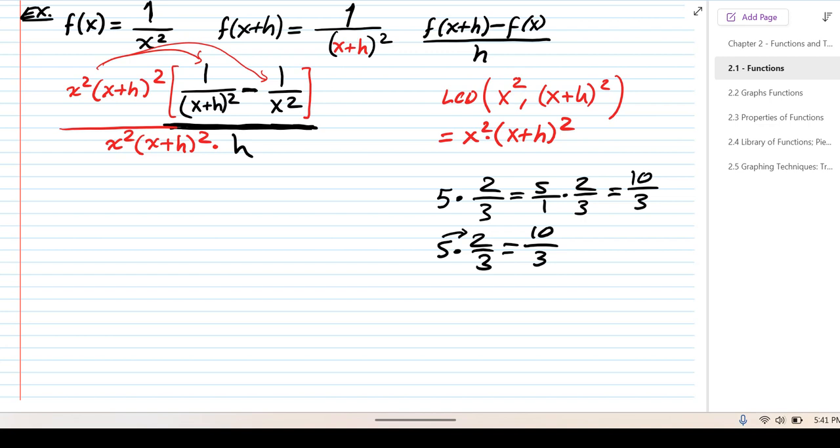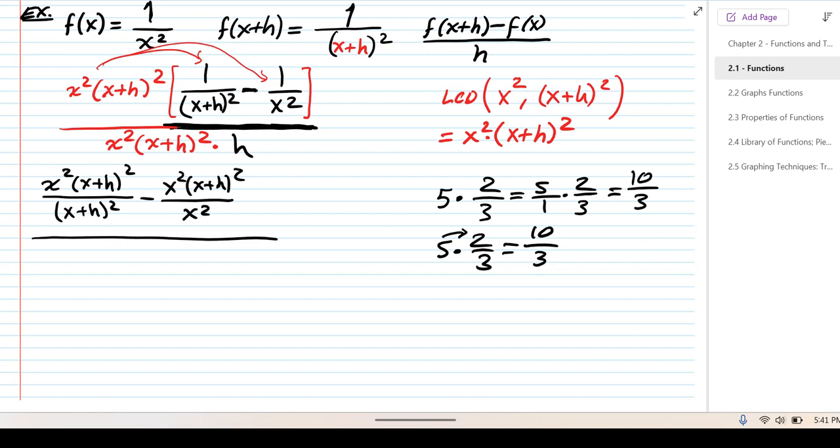So I'm going to multiply the LCD times the first fraction, and when I do, I will get x squared times (x plus h) squared. It only multiplies by the top. And the second fraction, again, it only multiplies by the top, which is just the 1, divided by x squared.